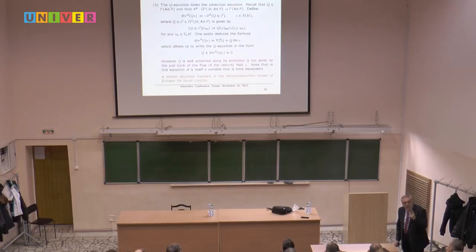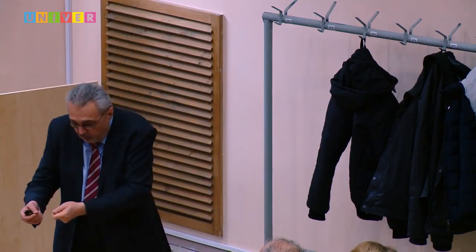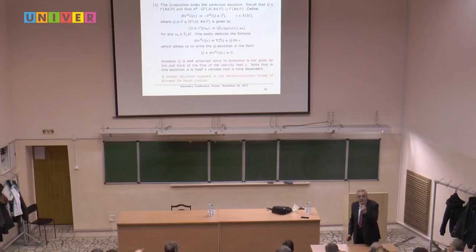What is the geometric formulation? How do you understand the phenomenon from a geometric point of view? Ericksen and Leslie. Leslie was an engineer. Ericksen actually sat in a math department, but he's really not a mathematician. He's an engineer. Ericksen was a civil engineer at Princeton. He was running around Princeton, I tell you, because I talked to people, asking mathematicians, please tell me what I'm doing. And no one told him he's working with connections.